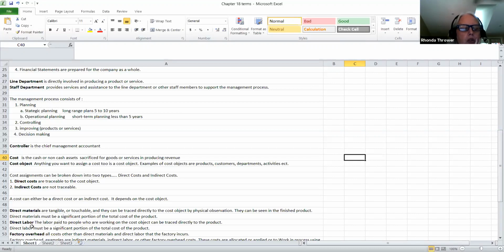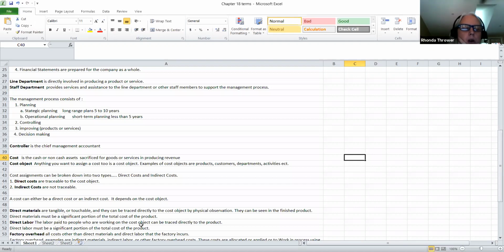Another cost that you need to become familiar with is what we call direct labor. It too is a direct cost and can be traced to the cost object. The direct labor is the labor that's paid to the people who are working on the cost object. And this labor can be traced directly to the product. It's usually the people who are actually physically working on the product itself.